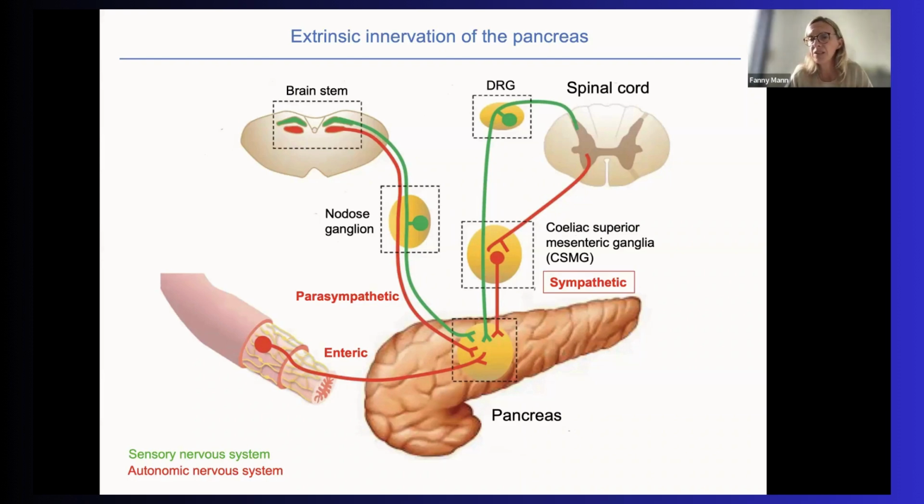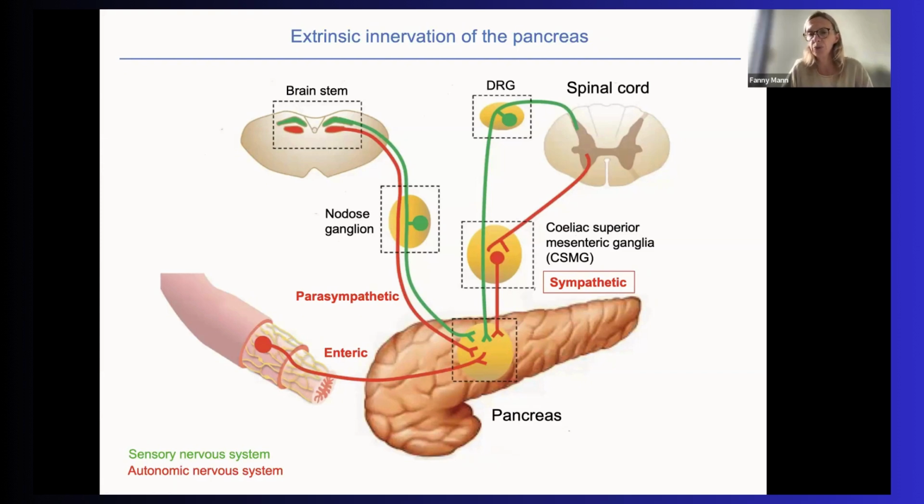And the autonomic nervous system is composed of three main branches: the sympathetic, parasympathetic, and enteric nervous system. Today in my talk, I will talk exclusively about the sympathetic nervous system.